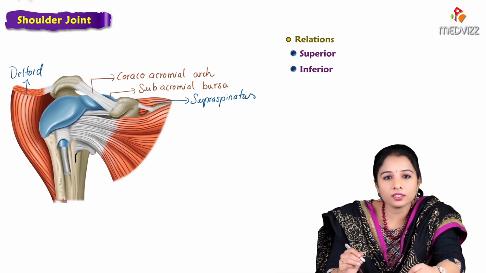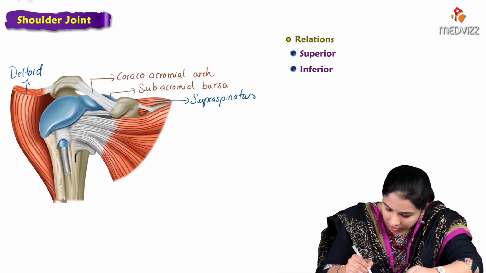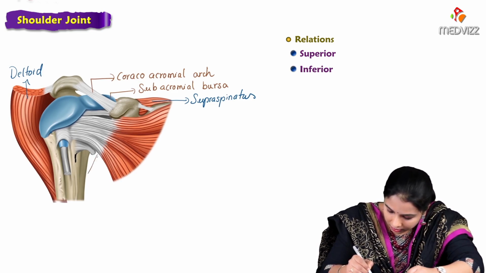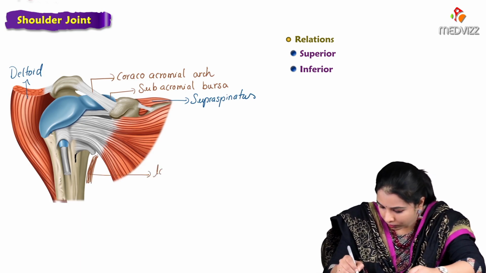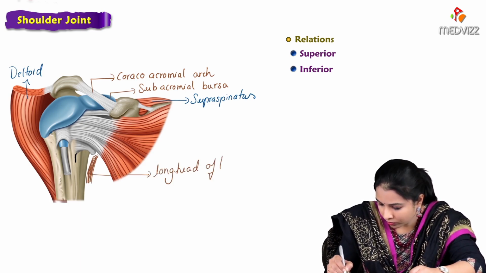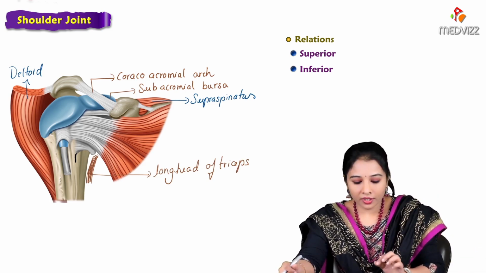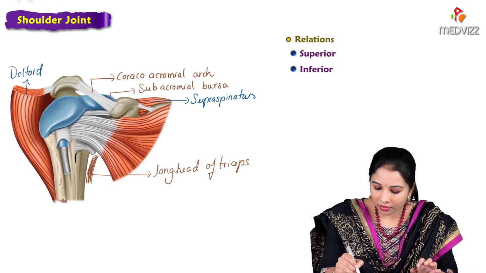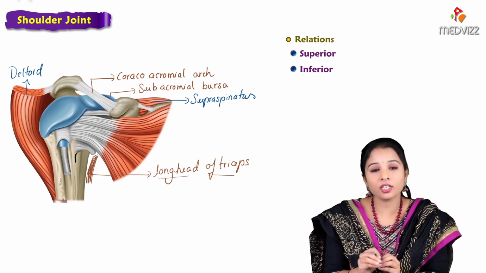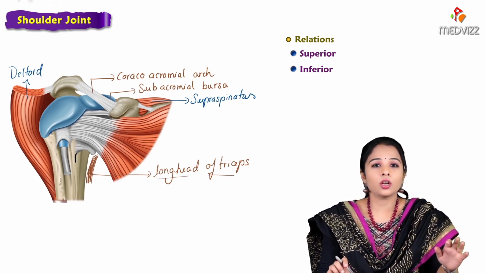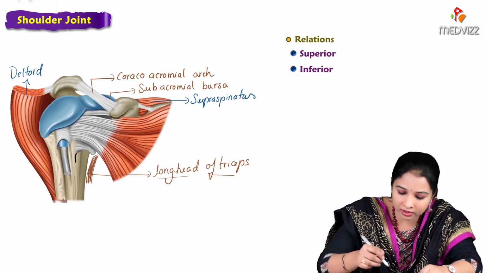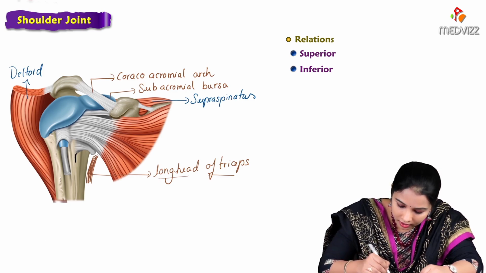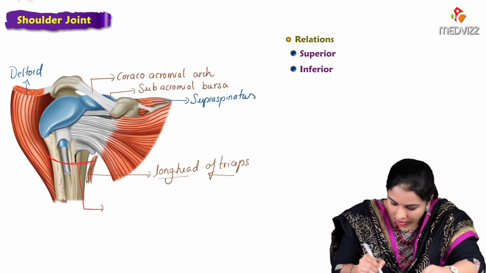Inferiorly it is related to the long head of triceps. I am just representing here the long head of triceps. Along with the long head, it is inferiorly related to the posterior circumflex humeral vessels, which are the arteries running along the surgical neck of the humerus.